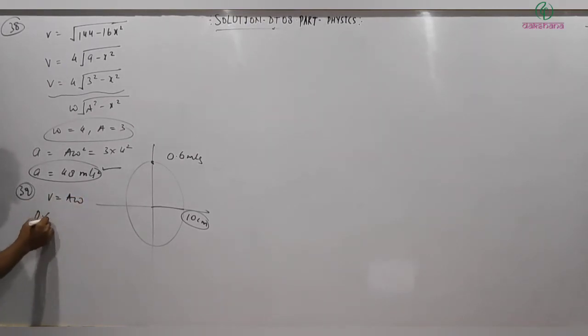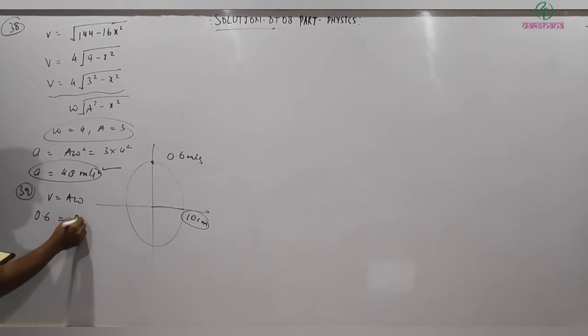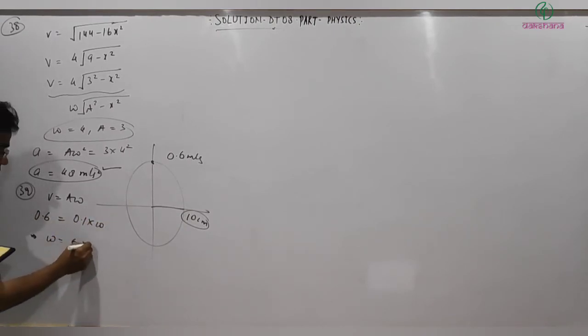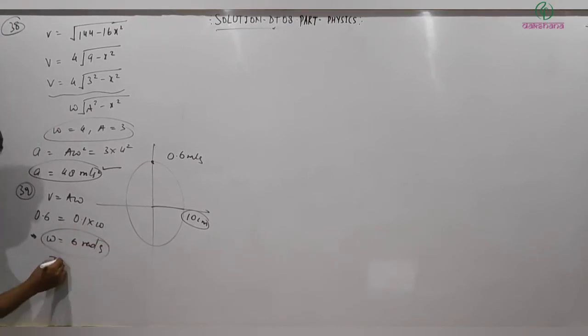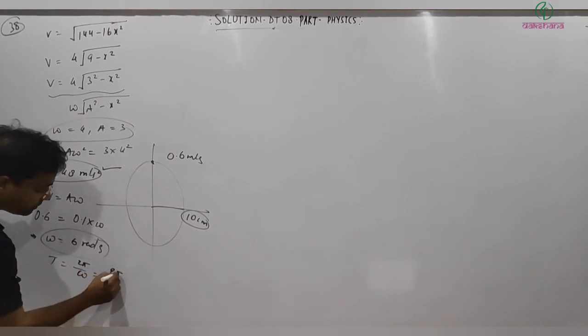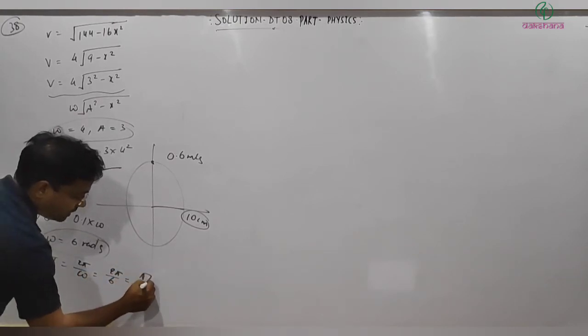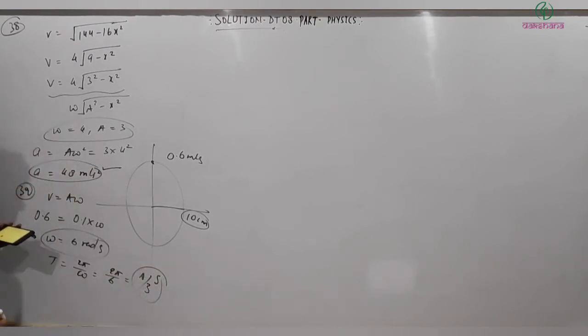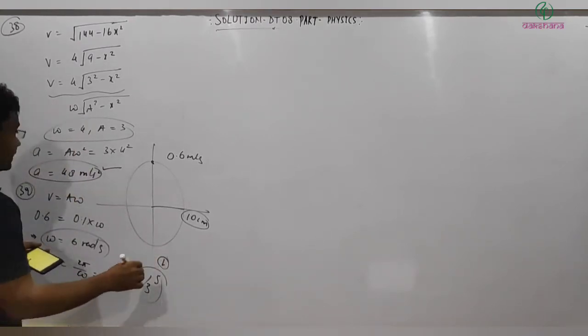V is 0.6 meter per second, a is 0.1 into omega, and this implies omega is equal to 6 radian per second. Then time period is 2 pi by omega, that is 2 pi by 6, that comes out to be pi by 3 second. That will be the time period. Matches with option 1, question number 39.